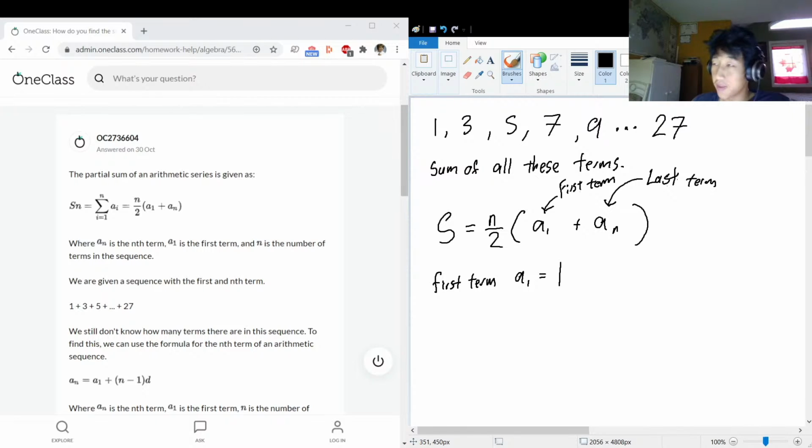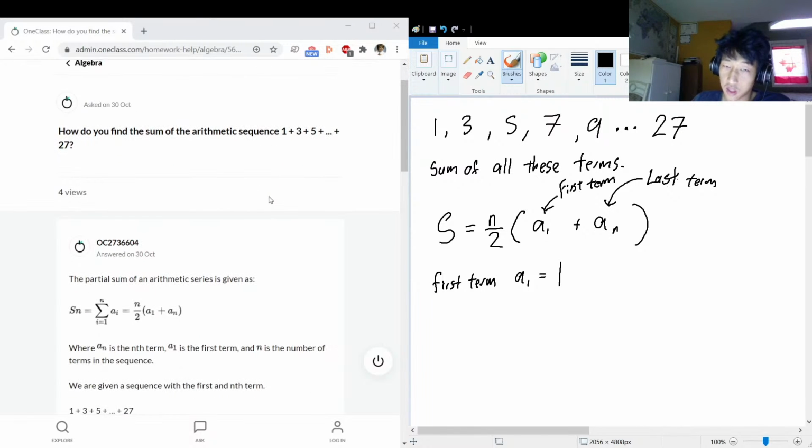Our last term, in this case, we can clearly see that it's 27, but it's not always going to be the case. The key thing about an arithmetic series or sequence is that you're always adding the same number every time. In this case, it's plus 2, plus 2, plus 2. So that is our increase each time.